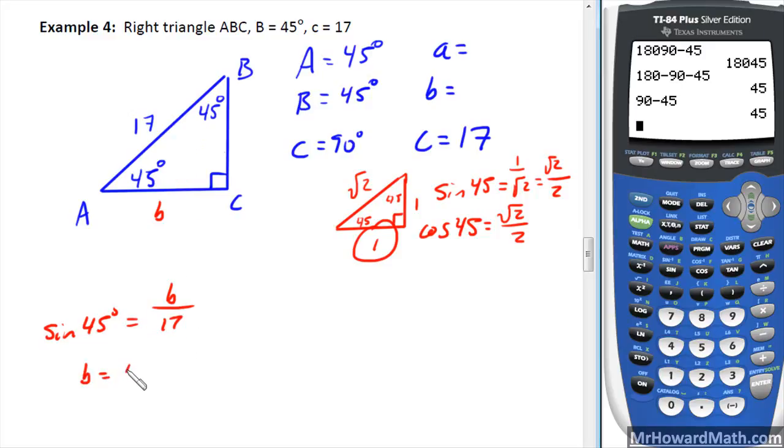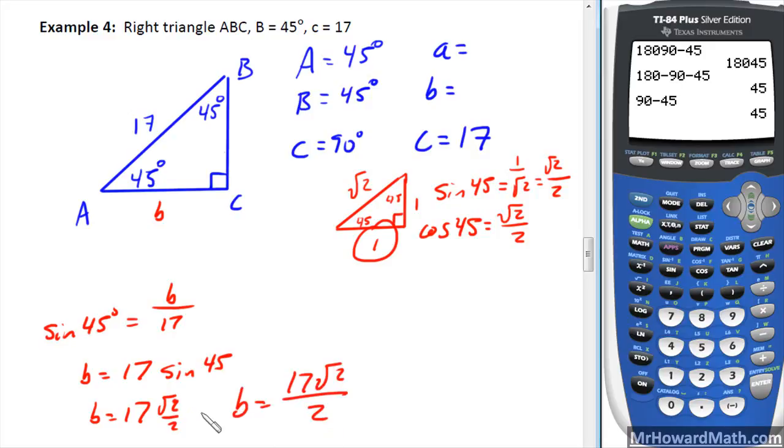So little b is equal to 17 sine of 45. Well, we know the exact value of sine of 45. We found it up here. So little b is equal to 17 times the exact value of sine 45, which is square root of 2 over 2. So we fix that, and we get little b is equal to 17 square root of 2 all over 2.